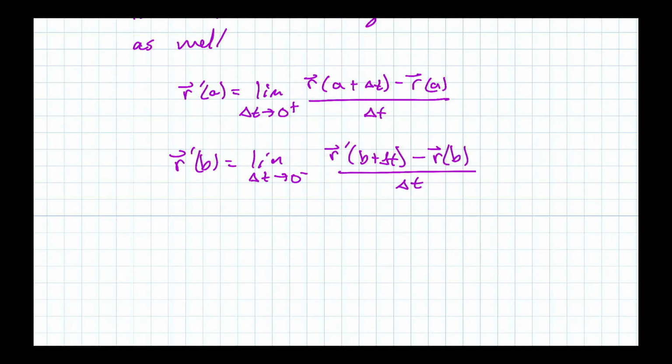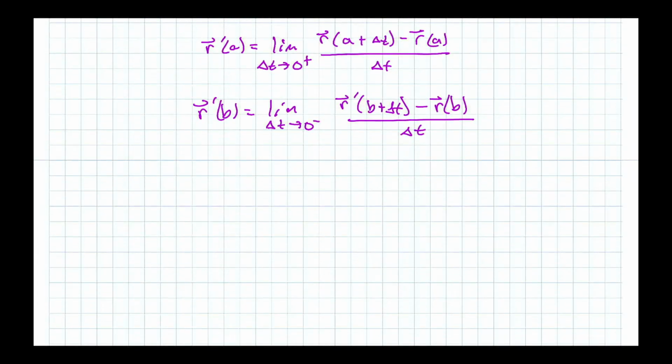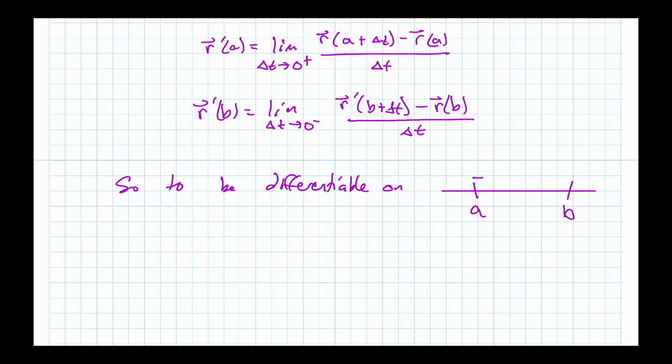And so basically what they're saying is, to be differentiable on a closed interval, if you look at an interval here, you put a there and you put b there, then you don't care about anything outside of the interval.